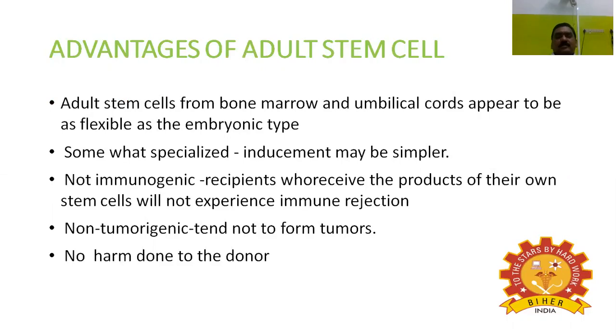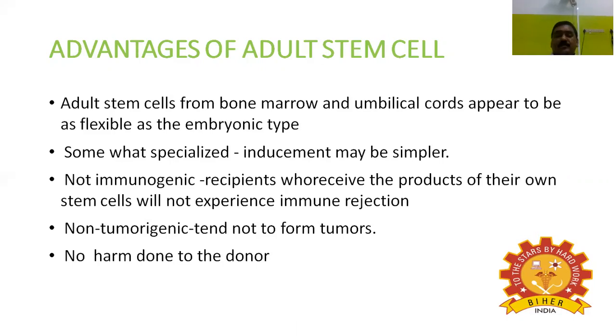Adult stem cells from the bone marrow and umbilical cord appear as flexible as the embryonic type. And a second important thing, somewhat specialized, inducement may be simpler. It's not immunogenic.